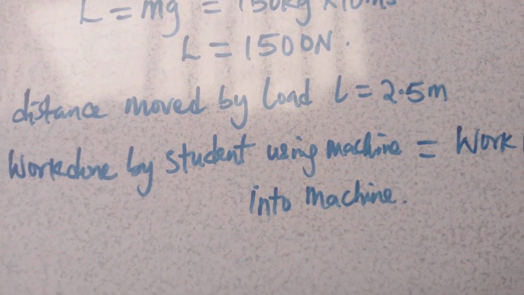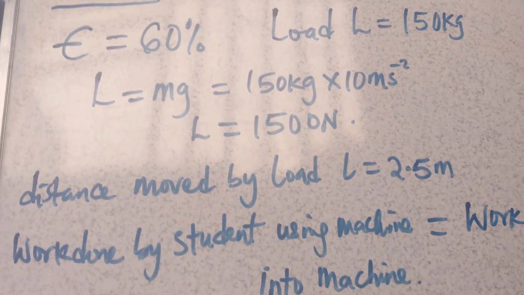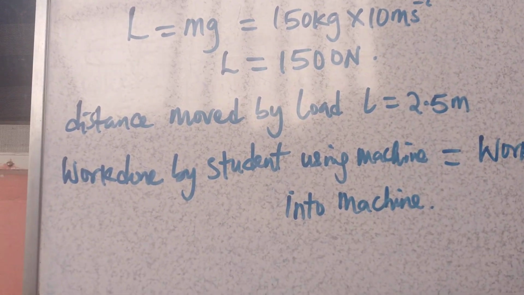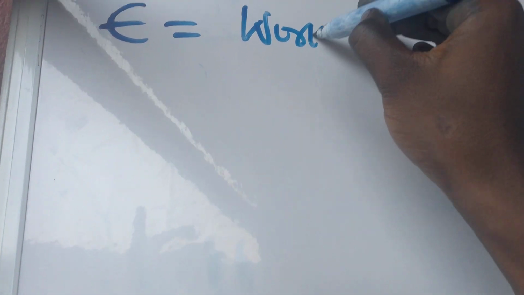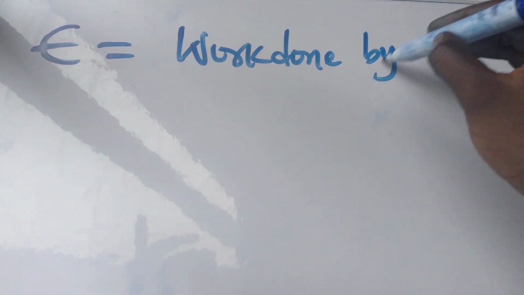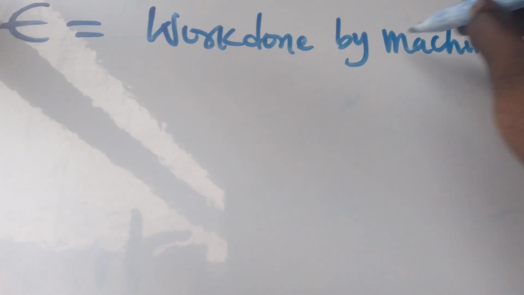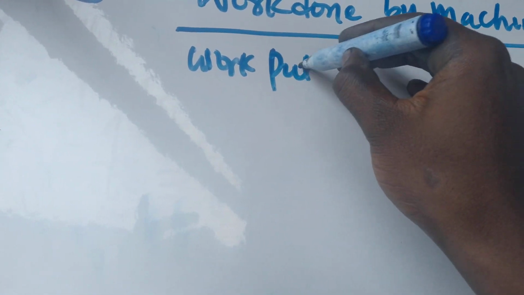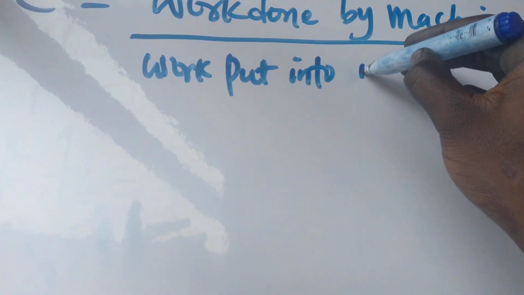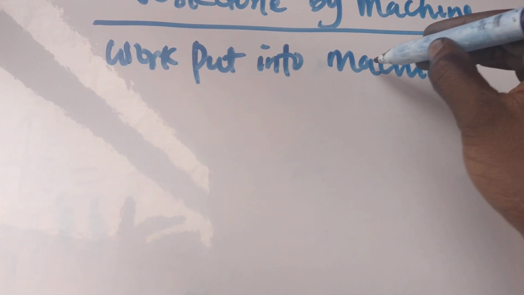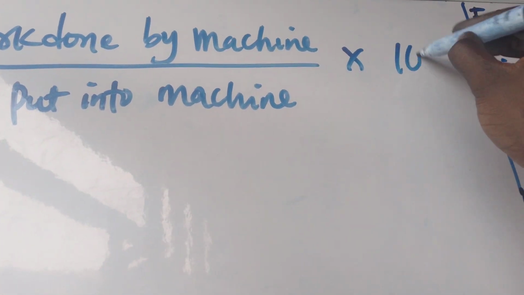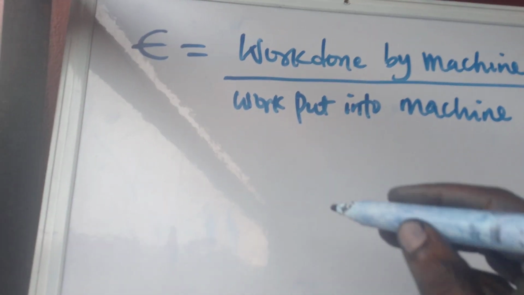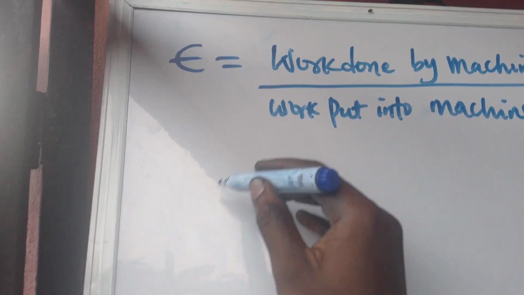Let's go back to the third formula I gave you for efficiency quickly. The formula is efficiency equals work done by machine over work put into machine, times 100. The efficiency was given to us as 60%.